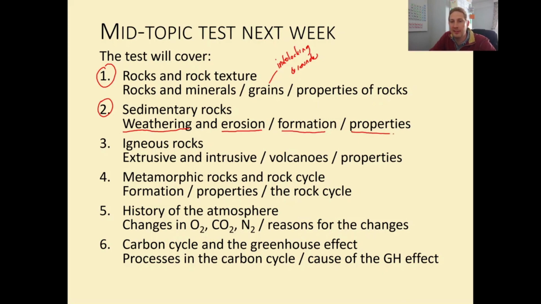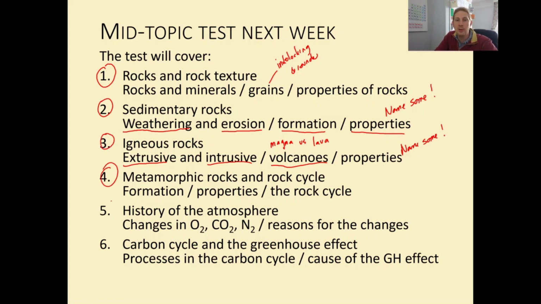What are the properties of sedimentary rocks, and can you name some? Igneous rocks. What's the difference between an extrusive and an intrusive igneous rock? How are they formed? Some of the bits of a volcano, not in any great detail, but what's the difference between magma and lava? What are the properties of igneous rocks? And again, name some.